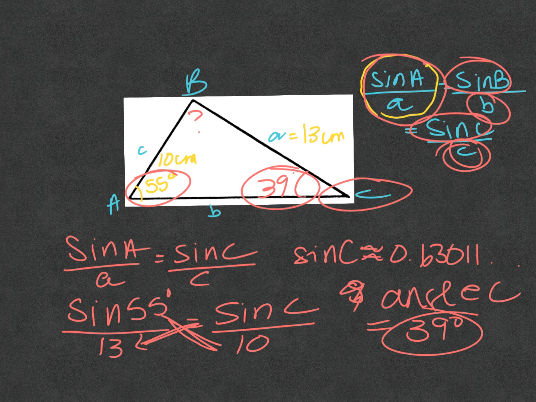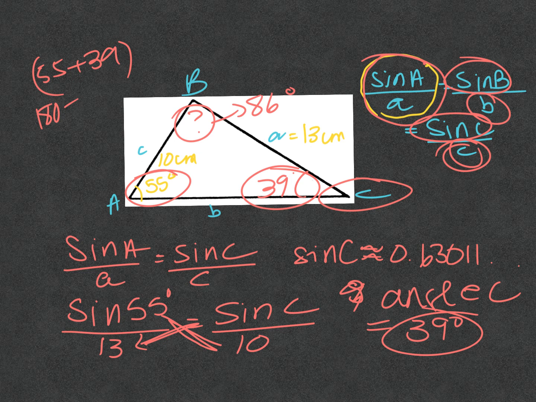Remember the sum of the three angles in a triangle equals 180 degrees. So you're just going to add 55 plus 39 and subtract that from 180. So we get a value of 86. This angle here is 86 degrees.